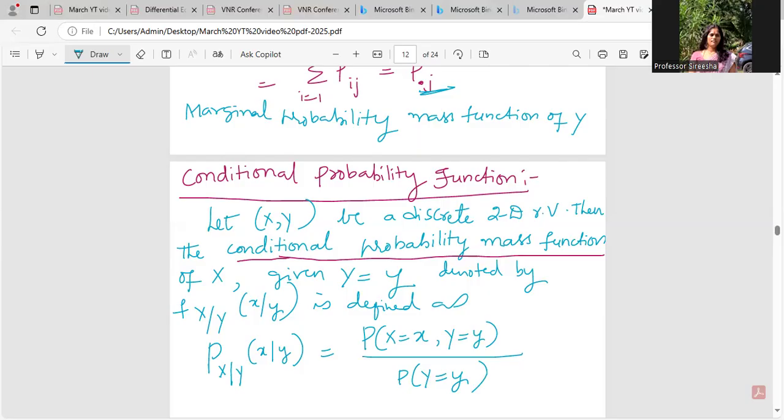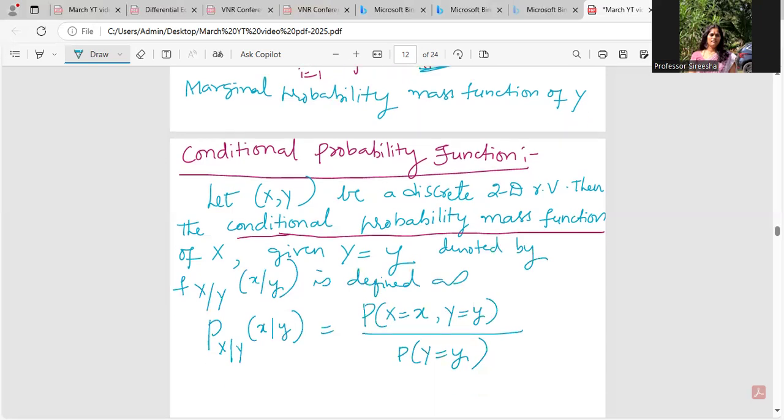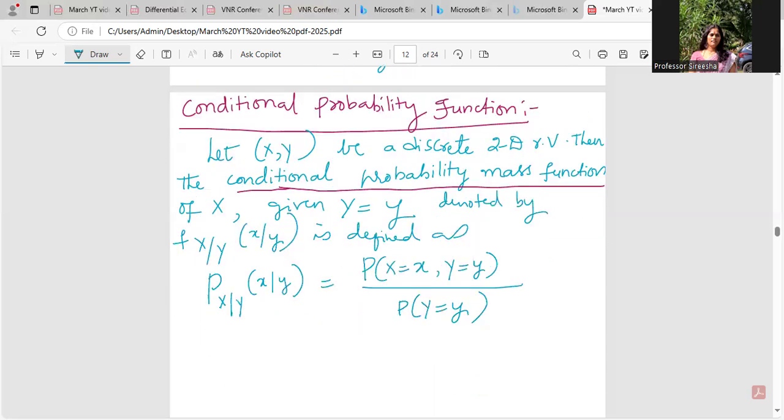Given Y, or if Y is known, how do you find it? That's been asked. Since Y is fixed, you'll be changing X values. I can as well write this as xi also, that is, 1 by P of capital Y equals y, times P of capital X equals xi, because X is only changing, Y is fixed. I can rewrite this as well like this.